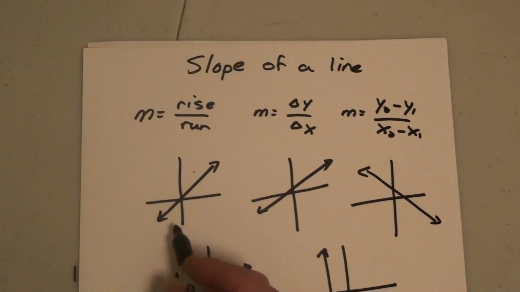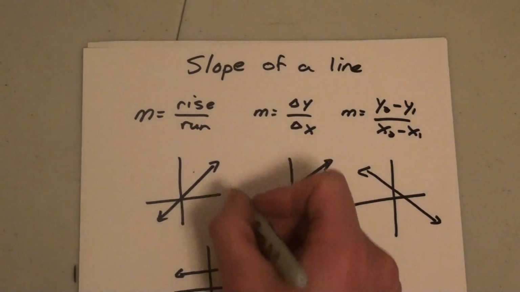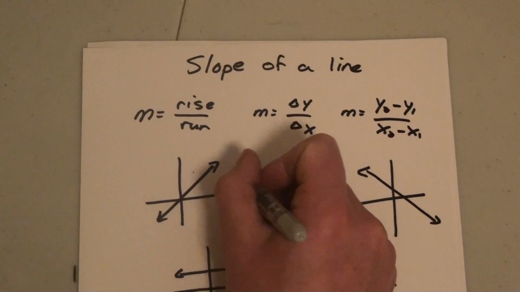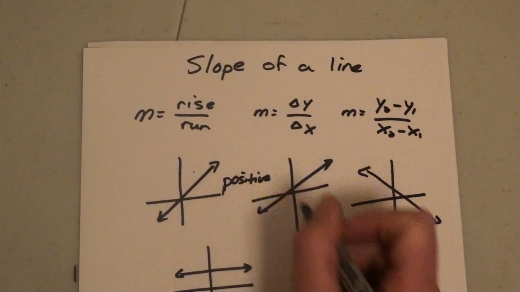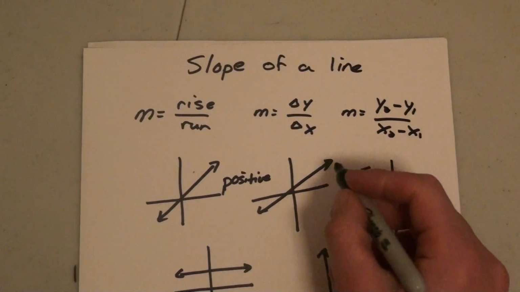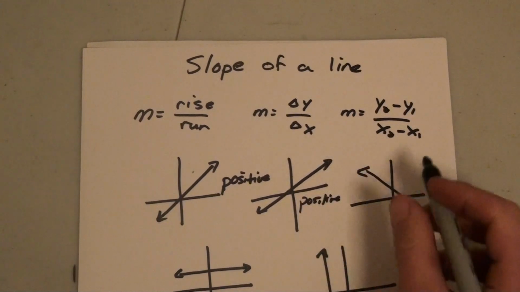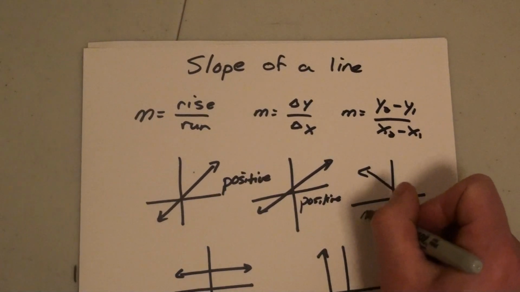Now if I look at these different lines here, going from left to right, my line is going up, so I'm going to have a positive slope. Here's another one going left to right, it's going up, so I'm going to have a positive slope. This one's going down, so it's going to be negative.